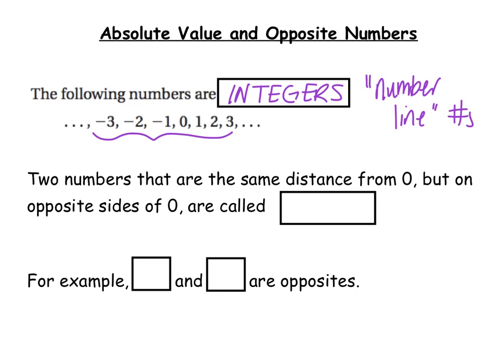Positive numbers, negative numbers, but you're not going to see decimals or fractions and stuff like that. Our next one is two numbers that are the same distance from 0, but on opposite sides of 0. Okay, so here's our number line. Here's 0. It'd be the number here and the number here. They're both 3 hops from 0, but they're on opposite sides, and those are called opposites.